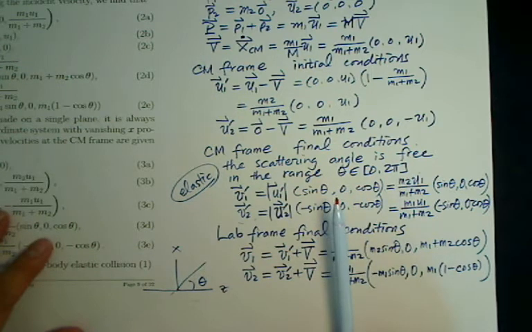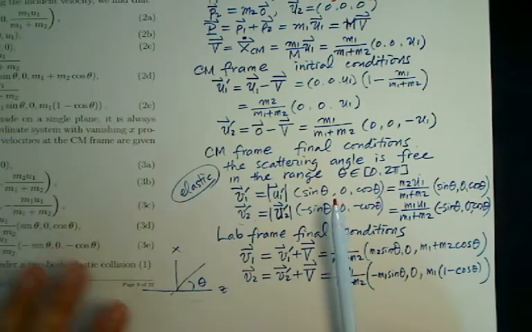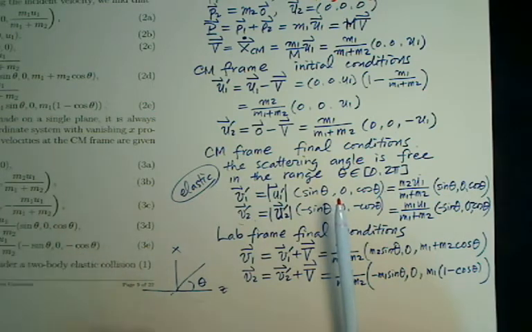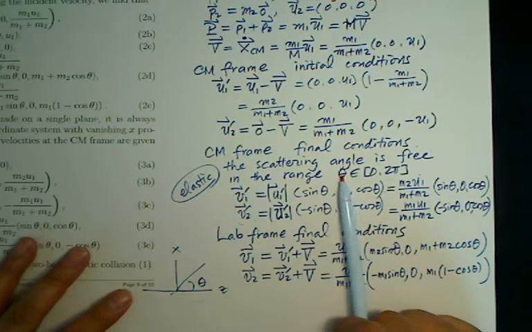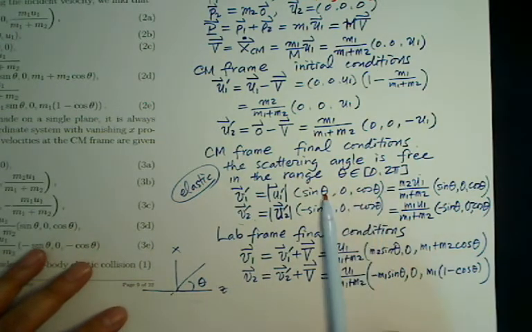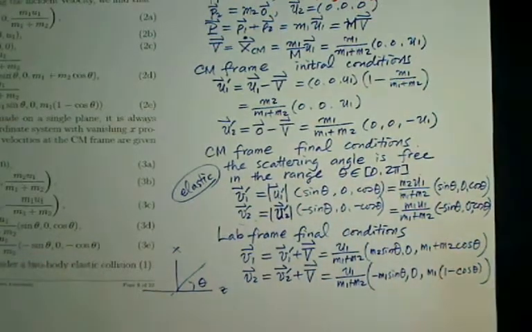Sure, we can make use of the spherical polar coordinates, but we know that the collision surface is only on a single plane. We just consider the y-axis perpendicular to that plane. Then, introducing angle theta, we are free to make any possible scattering angle.